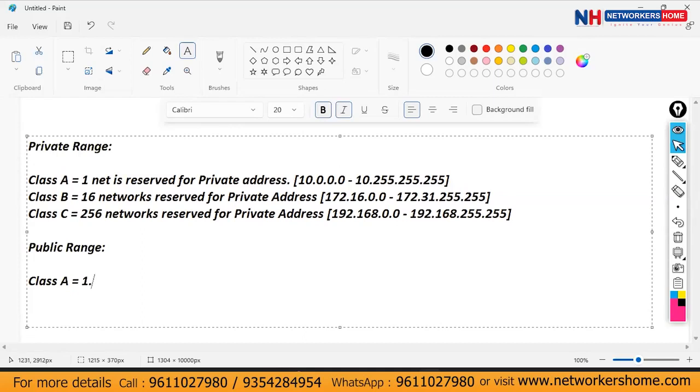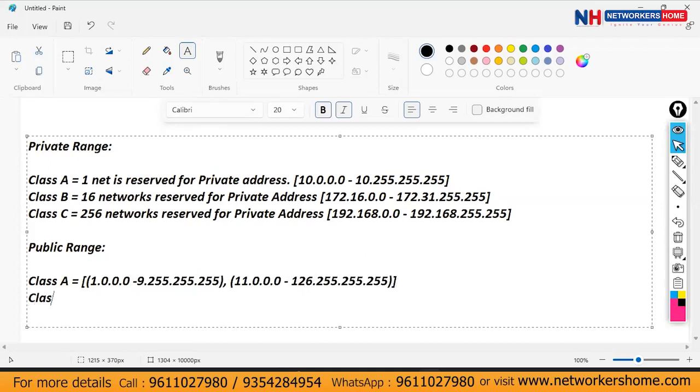My first network will start from 1.0.0.0. And before 10, because from 10 my private addresses start, I'll have 9.255.255.255. Then 10 network is reserved. After 10, I'll have one more network, 11, and it will go until 126 because there are no more reservations. This is your class A public range.